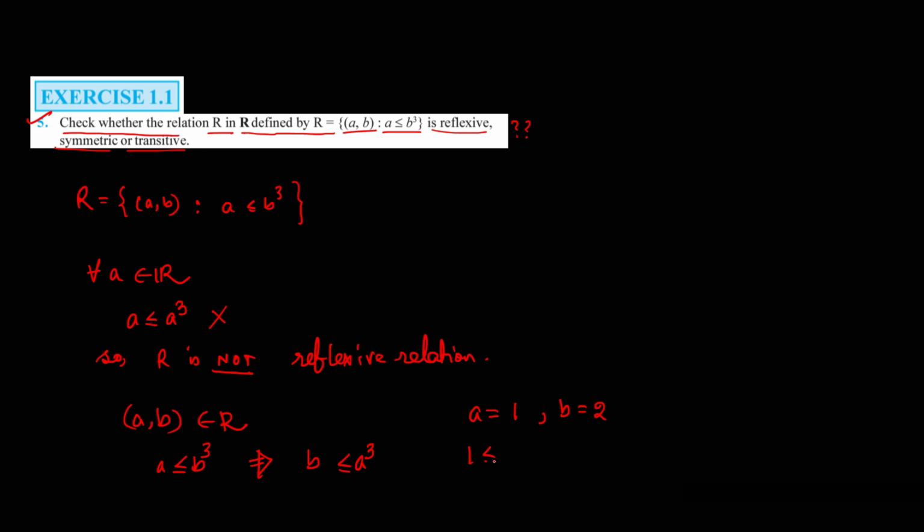So 1 is less than 2 cubed, that means 8, but 2 is not less than 1 cubed, that means 1. So (a, b) belongs to R, but (b, a) does not belong to R. That means R is not symmetric.